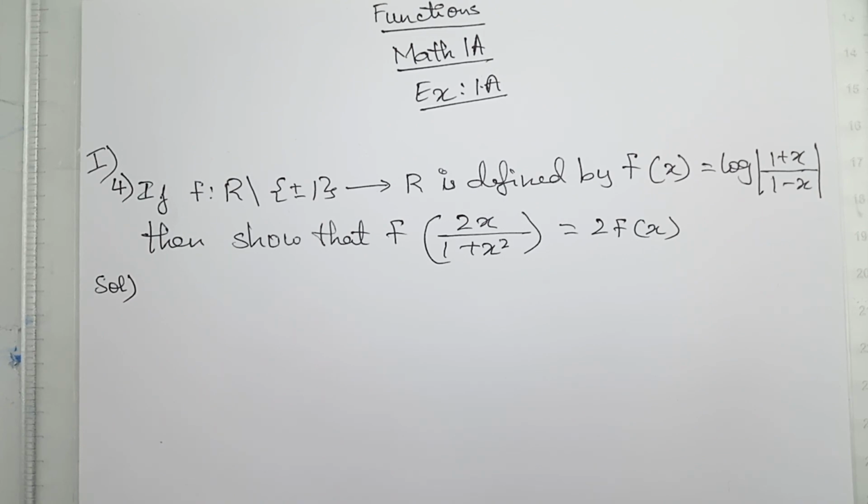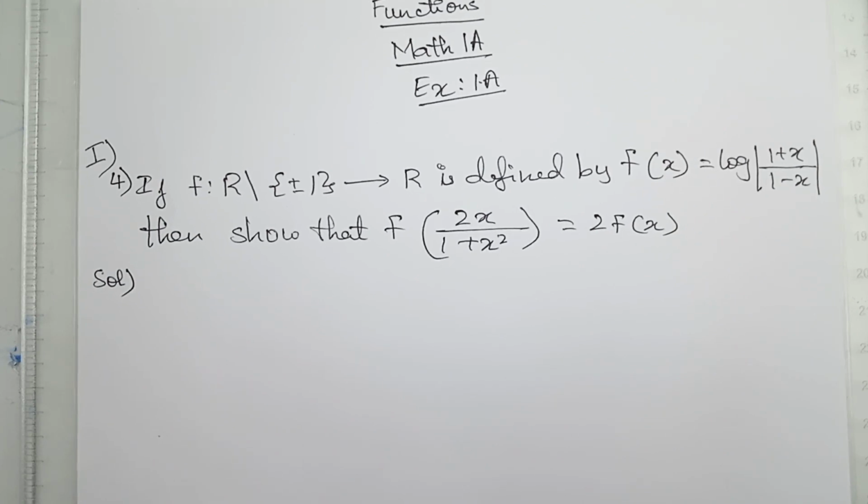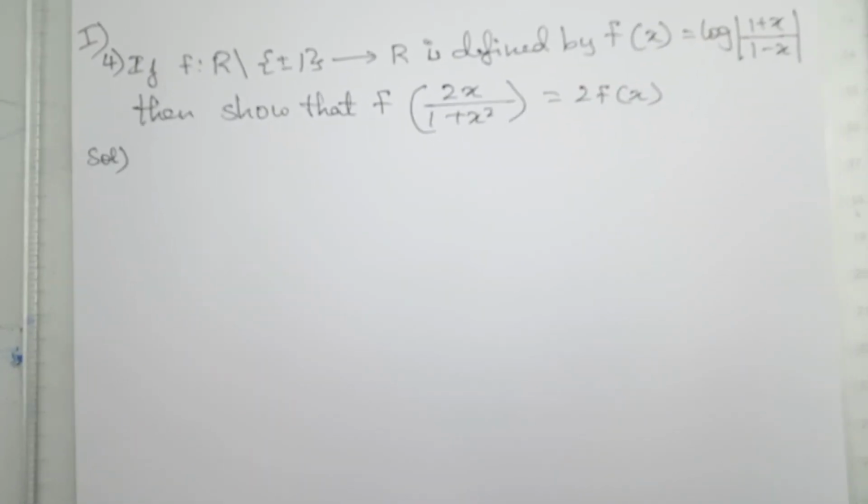So in this question, we have to find out what is the RHS if in case of f of x it is f of 2x by 1 plus x square. So we will start the problem now.